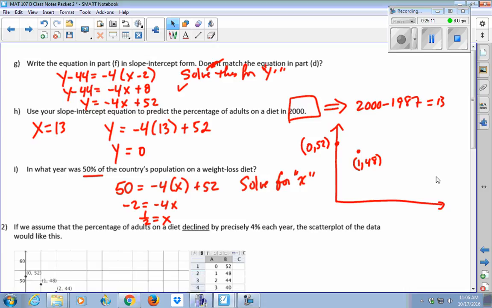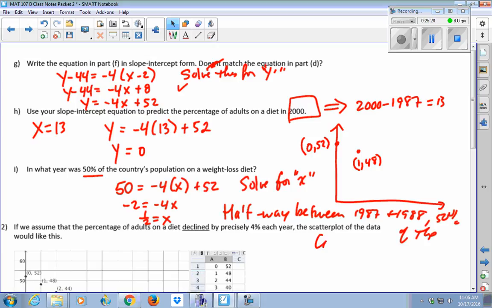So x is 1/2 year after 1987. So halfway between 1987 and 1988, 50% of the country's population will be on a diet.